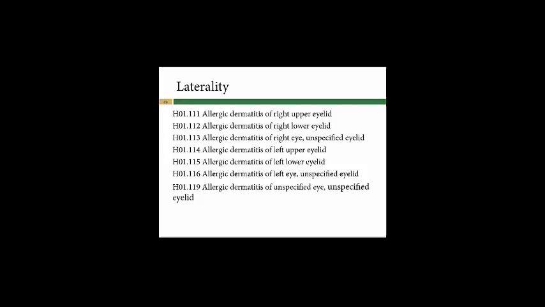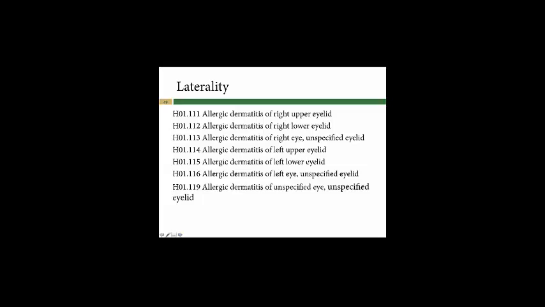Notice that there's no bilateral code for this condition. If there's no bilateral code and the patient has the condition on the right and on the left, we code them both. So if this patient had this allergic dermatitis of the right upper and the left upper, we would code both of those codes because we don't have a choice for bilateral. So not all codes have a choice for bilateral.